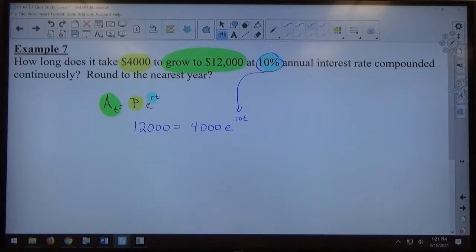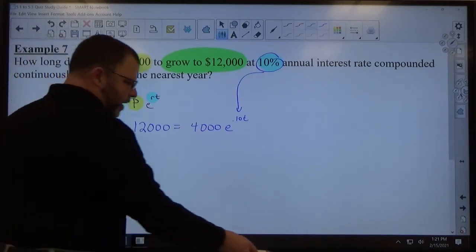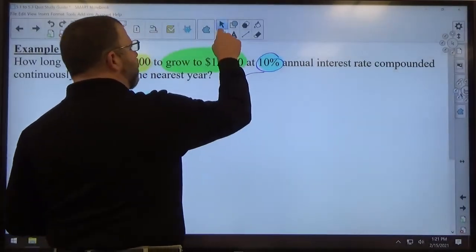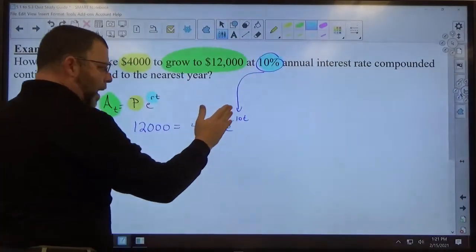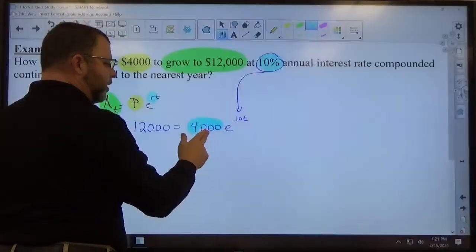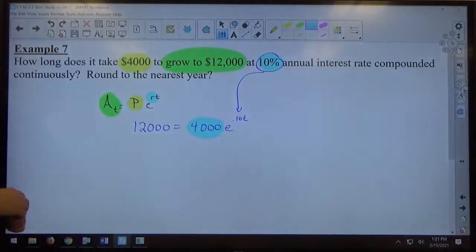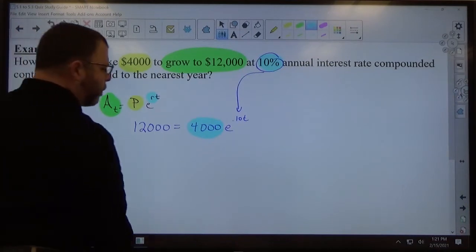Notice the structure of this equation. It's an exponential function. It is exactly the issue we dealt with on Friday, where we have e to a power, but we have a number in front of e to the power. So my first priority is I want e all by itself. I don't want a number attached to it, so I'm going to divide both sides by 4,000.